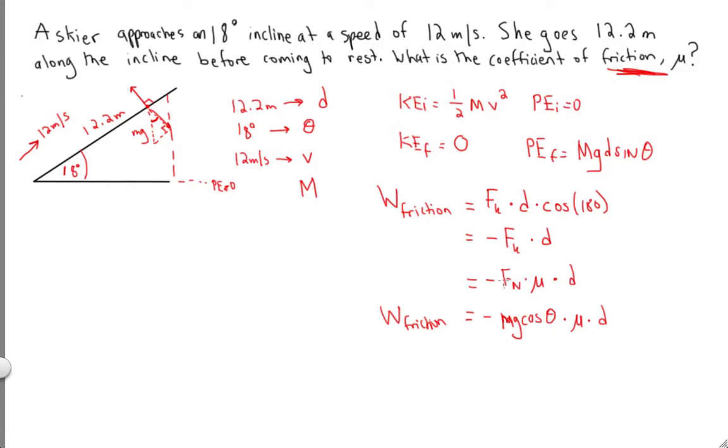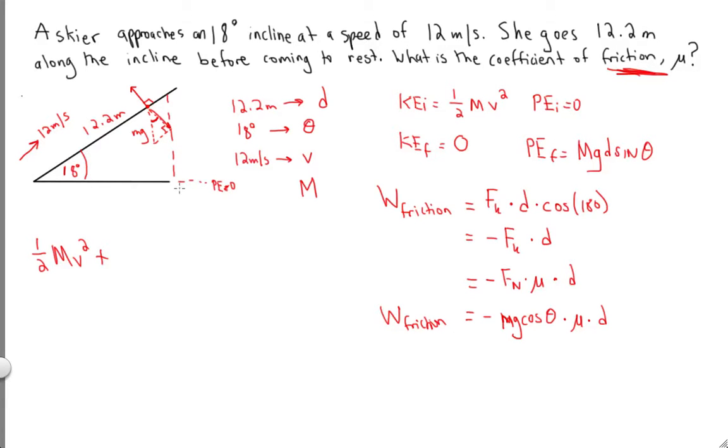So now we can set up an equation to solve for our coefficient of friction. We have our initial energy, which is our kinetic energy initial, 1/2 mv squared. Now we're going to have to add the work due to friction because this system here is losing some of its kinetic energy because of the friction.